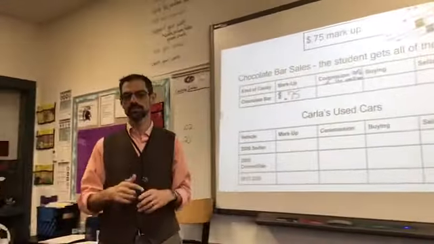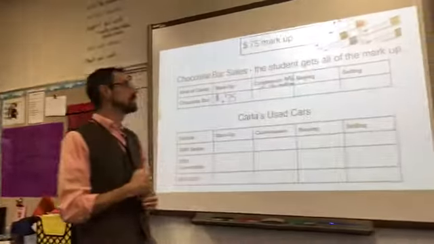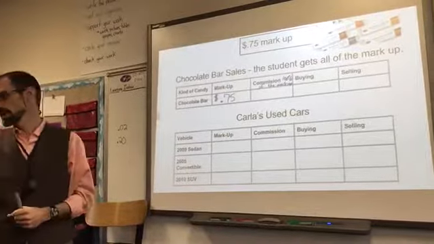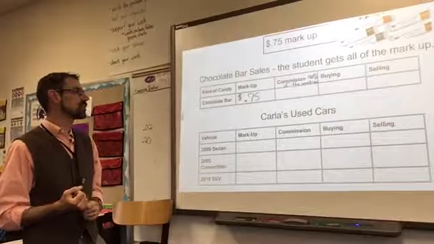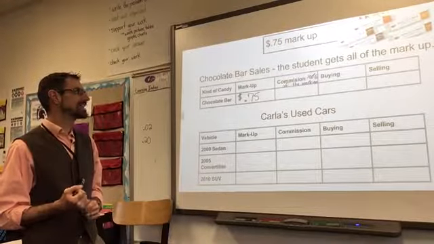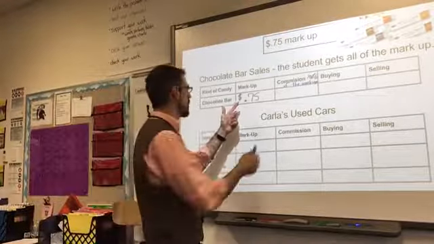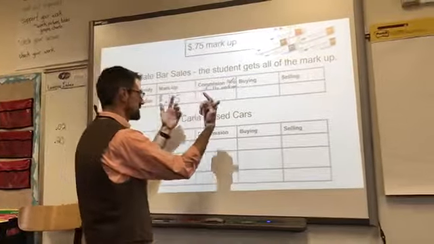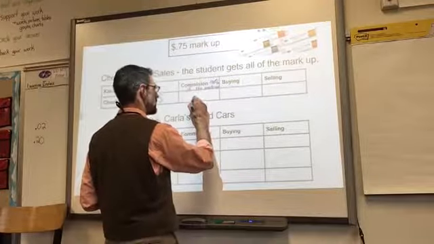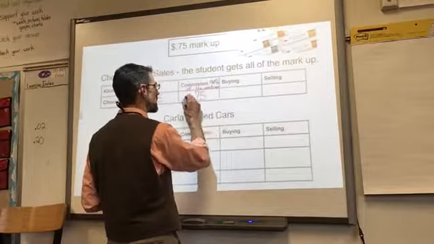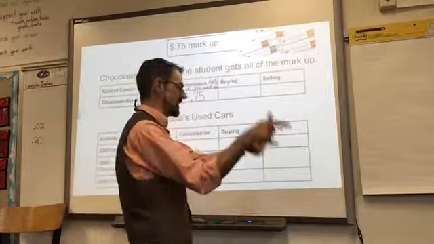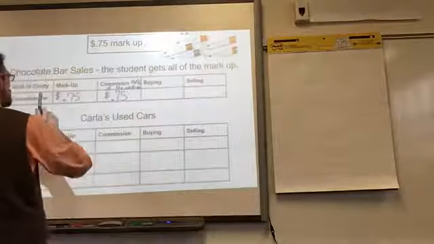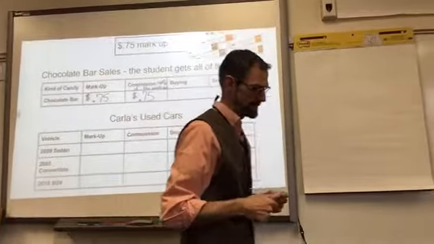Thank you. So he gets 100% of the markup. Well, I know 100% of 75 cents is 75 cents. So he's going to get all of that 75 cents, and he's going to be able to give that to the baseball club.